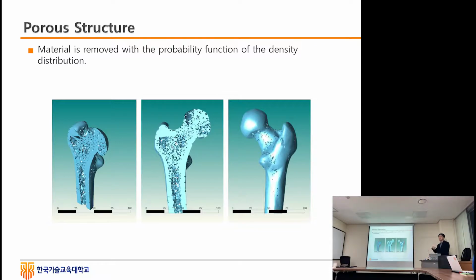In the reconstructed shape, I removed the elements using the probability distribution function. So I randomly eliminated elements with a probability based on density.